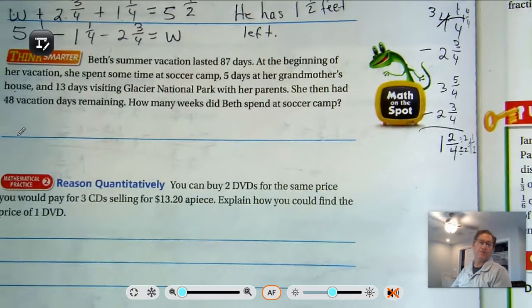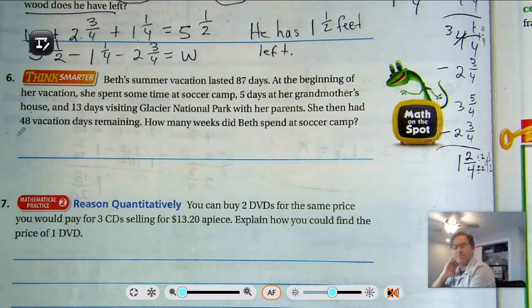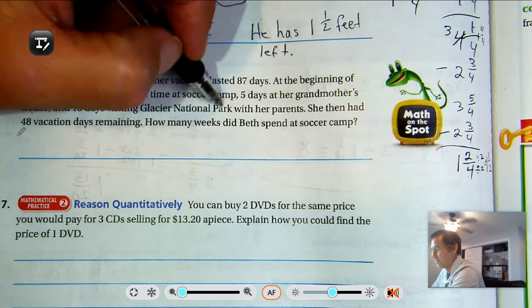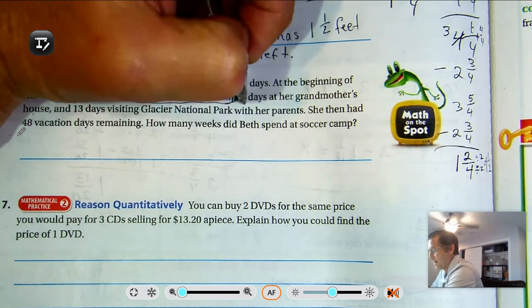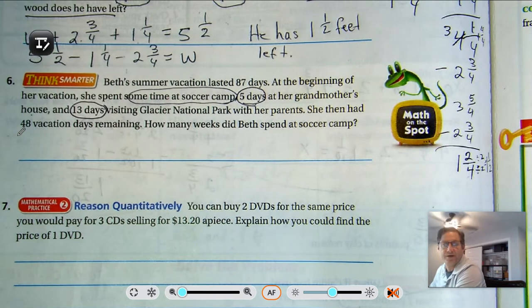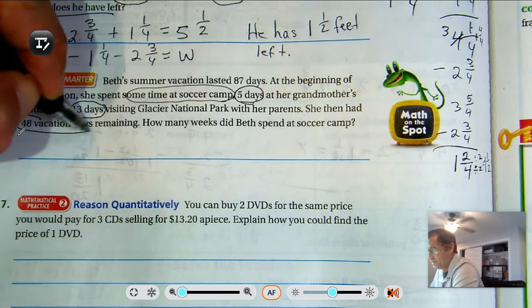Okay, number 6. Beth's summer vacation lasted 87 days. At the beginning of her vacation, she spent some time at soccer camp, 5 days at grandma's, 13 days visiting the Great Glacier National Park, and then she had 48 vacation days remaining.